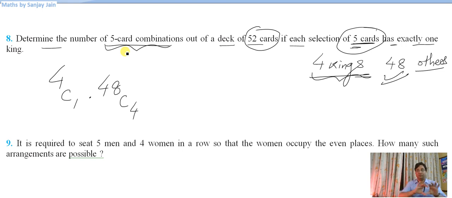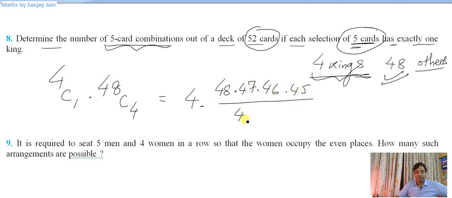I don't have to arrange them in a row or anything. So this is 4 into 48 into 47 into 46 into 45 by 4 into 3 into 2 into 1. So this is anyways 24, so this will give you 2 here.